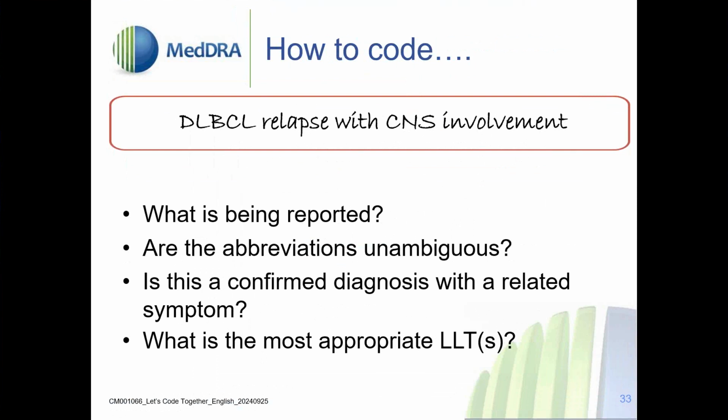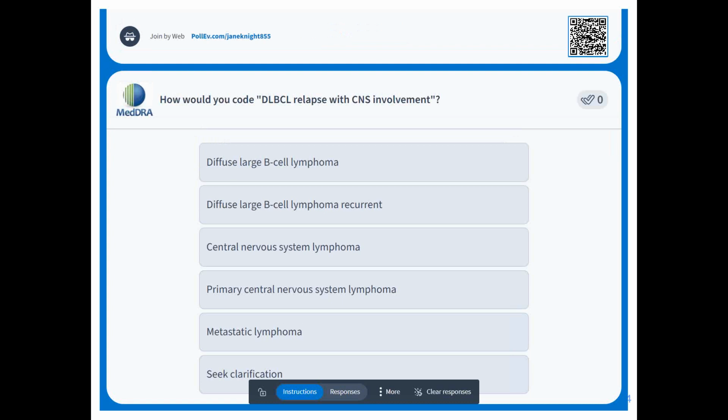DLBCL relapse with CNS involvement. So how would you approach the DLBCL relapse with CNS involvement? Would you code to diffuse large B-cell lymphoma, diffuse large B-cell lymphoma recurrent, central nervous system lymphoma, primary central nervous system lymphoma, metastatic lymphoma, or would you seek clarification?